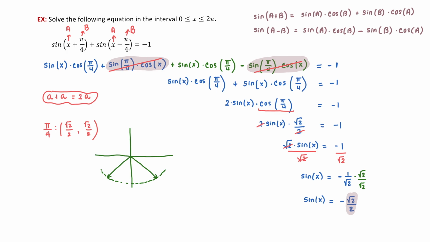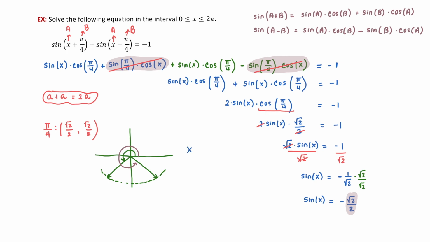So one angle in standard position is in quadrant 3, and then the other angle is going to be in quadrant 4. And because now I know that the reference angle is pi over 4, both of these angles are going to be multiples of pi over 4. In particular, the one in quadrant 3 will correspond to 5 pi over 4. Let's write that down.